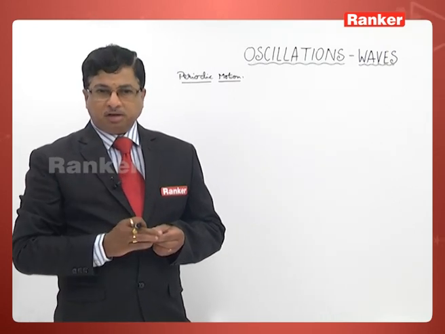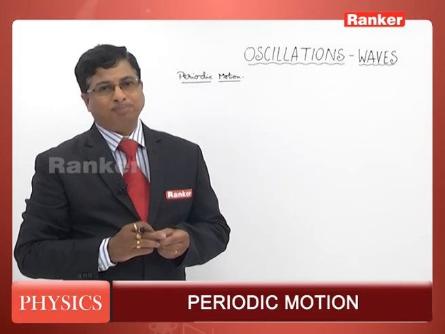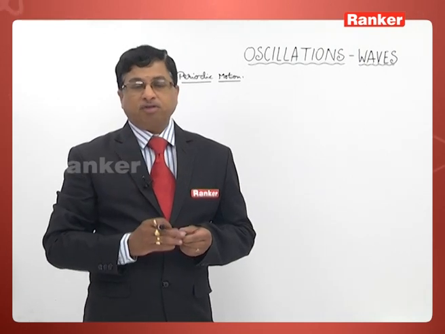Exactly in the same manner, if you take Earth, when it is spinning on its own axis, it takes exactly 24 hours for it to complete one rotation. This particular concept of the motion of the body, which is of course repeated itself at regular intervals of time, that is what we call it as a periodic motion.